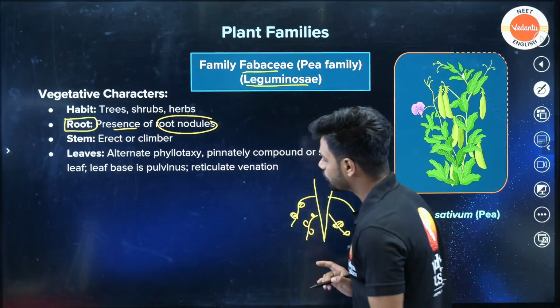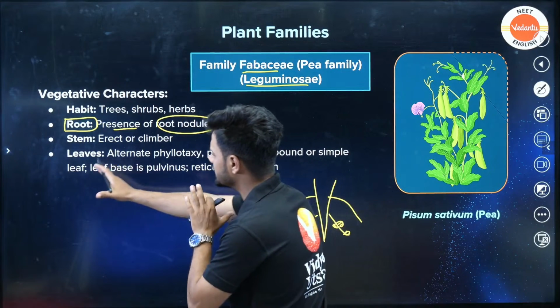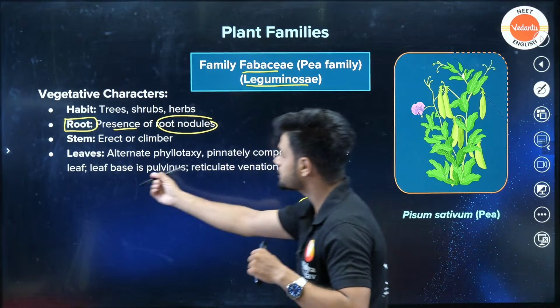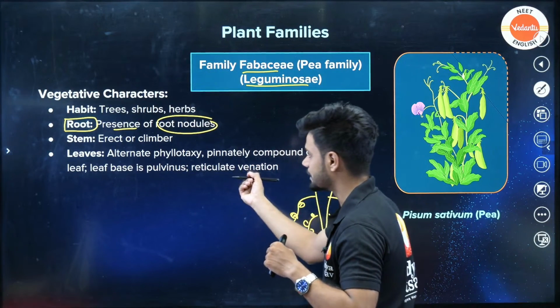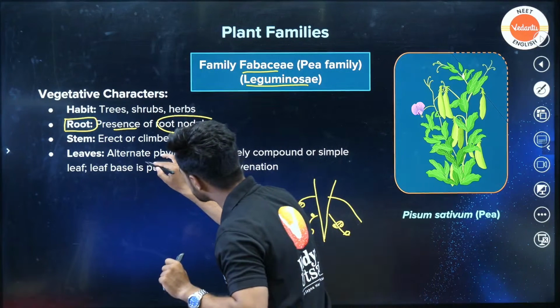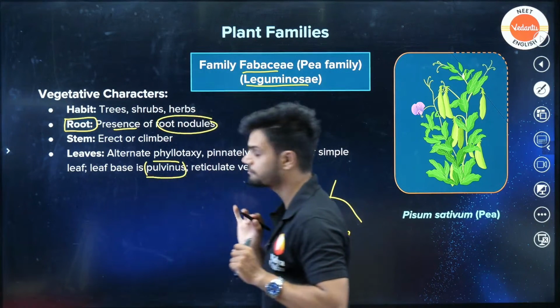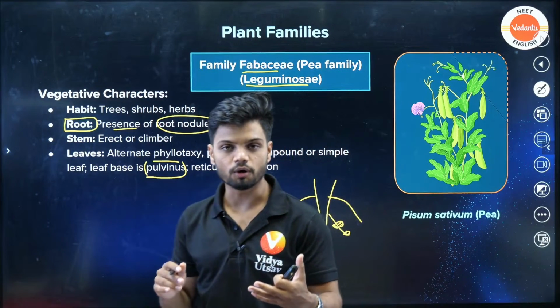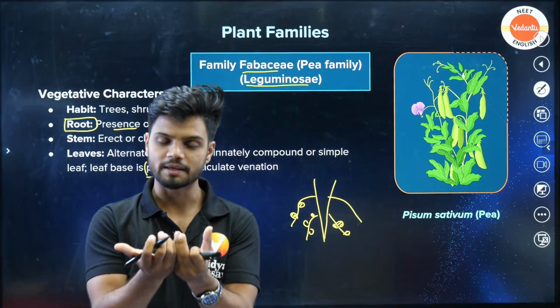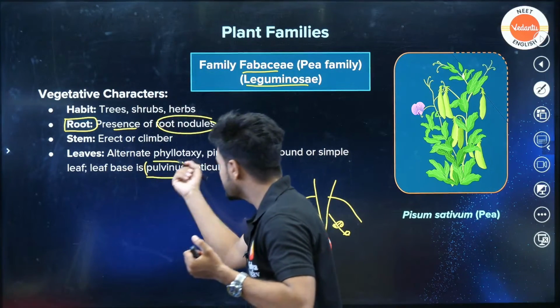Amazing. Now, one more thing I want all of you to focus on. Apart from leaves, we know alternate phyllotaxy, pinnately compound, and reticulate venation. All of this is normal information. But I want all of you to focus on the pulvinous leaf base. When you learn about modification of the leaf base, we learn about the sheathing leaf base, and we also learn about the pulvinous leaf base.